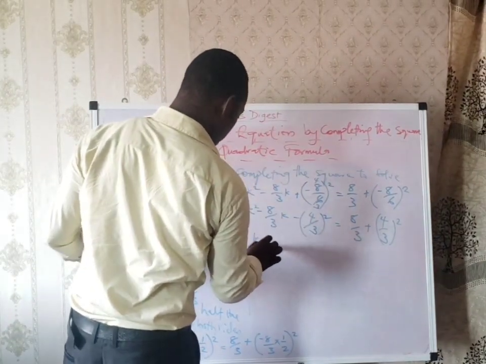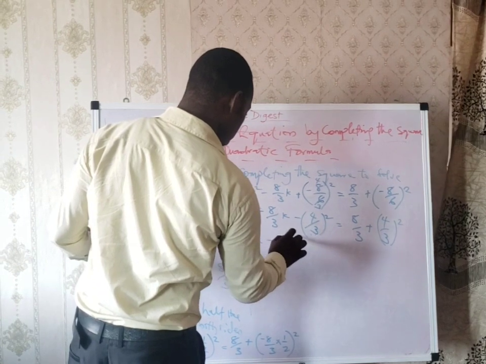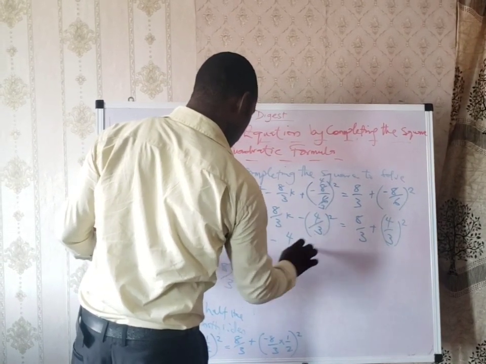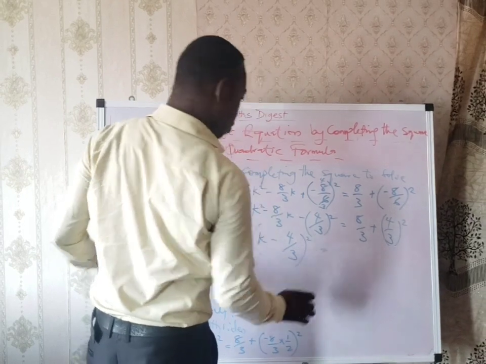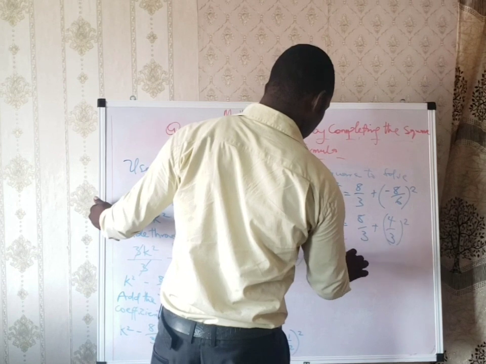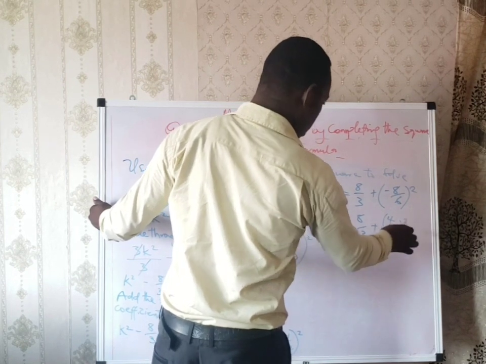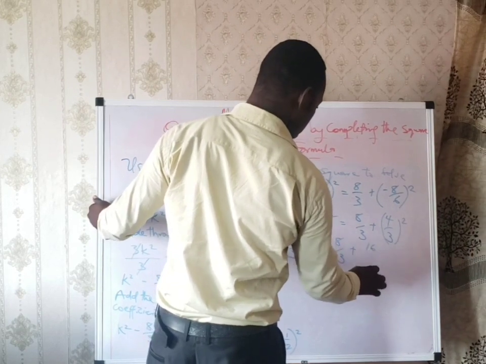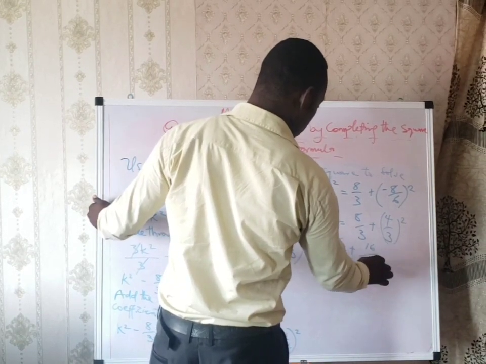Now we have k minus 4 over 3 all raised to power 2 equal to, now this is 8 over 3 plus this raised to power 4 raised to power 2 is 16, and 3 raised to power 2 is 9.